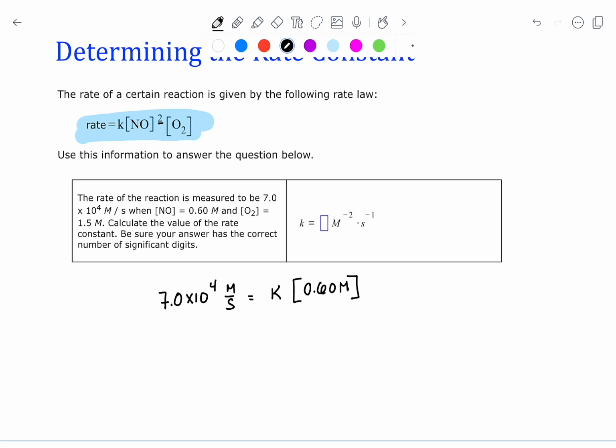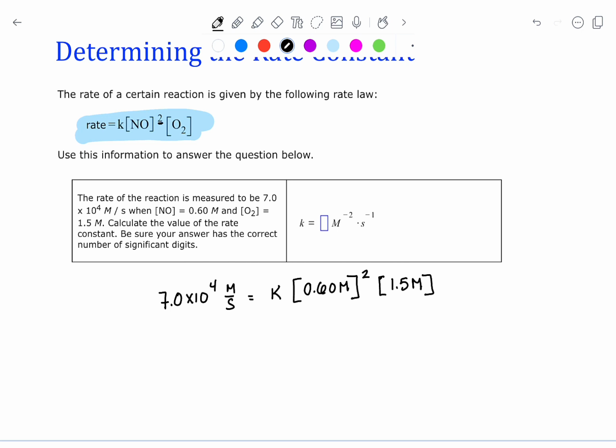And we have to remember to raise that value to the 2 to account for the fact that the reaction is second order in nitrous oxide. And finally, we do the concentration of oxygen, which is 1.5 molar, raised to the 1 because it is first order with respect to oxygen.